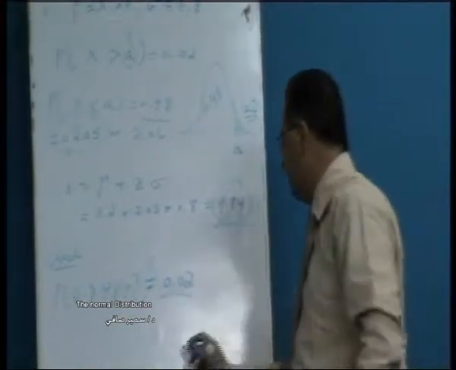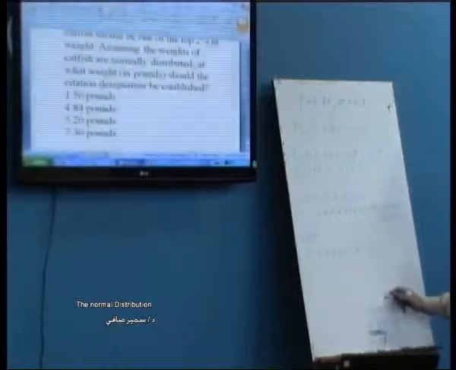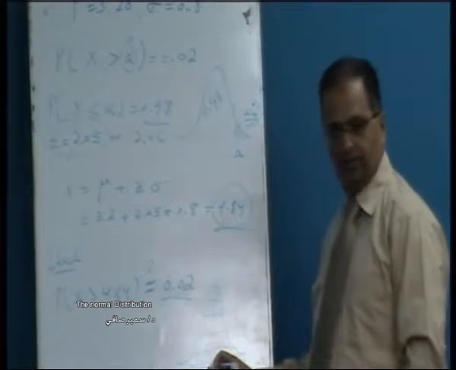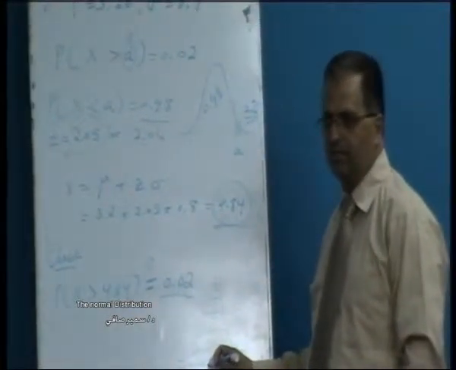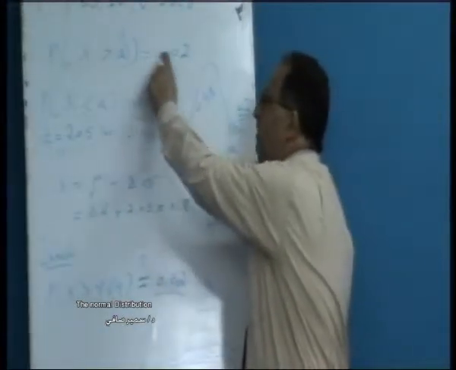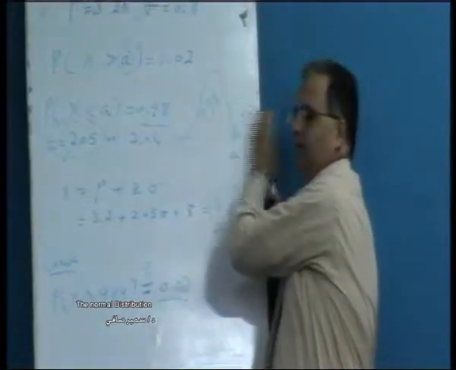If you switch the position of a, for example, if a is on this side, and he asks about the probability of x greater than a is 2%, this area is not 2%. From a up to infinity here, this area is not 2%, because it is at least greater than 0.5. Makes sense? So your a should be to the right side, because the probability of x greater than a being 2% is on the other side.